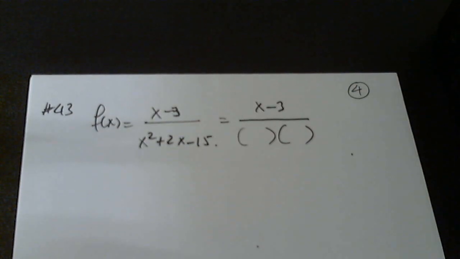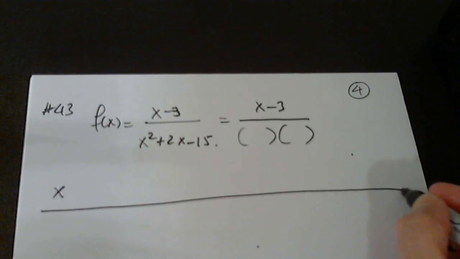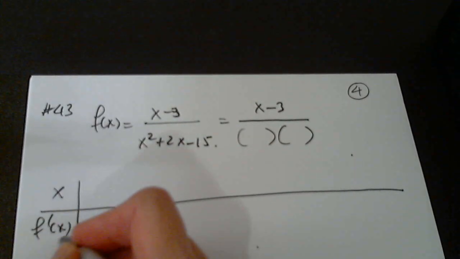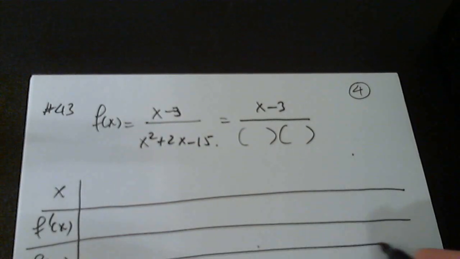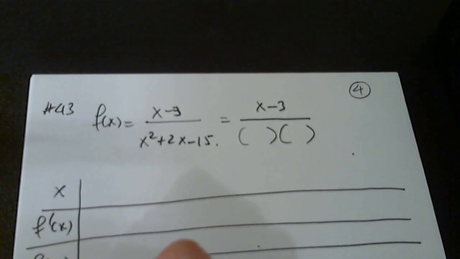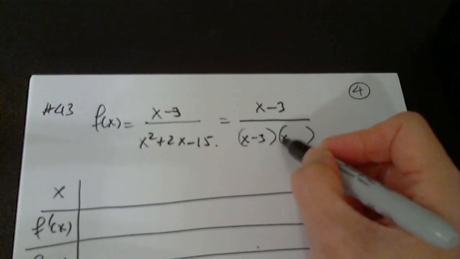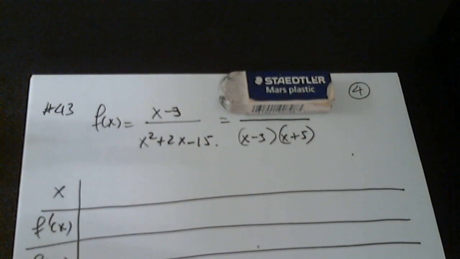Yes, we need to factor the denominator because we need to simplify if possible, and also we need to find the domain. Yeah, x minus 3, x plus 5. Excellent. So what is the domain of this function?